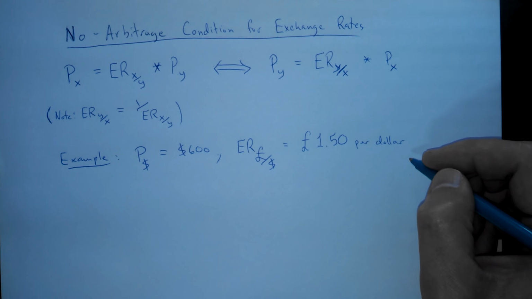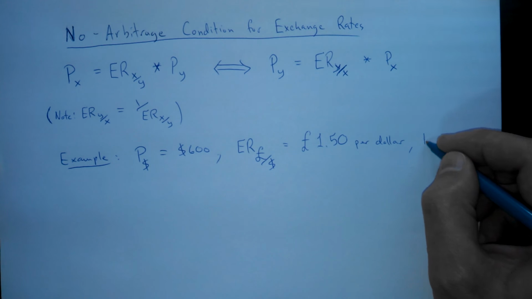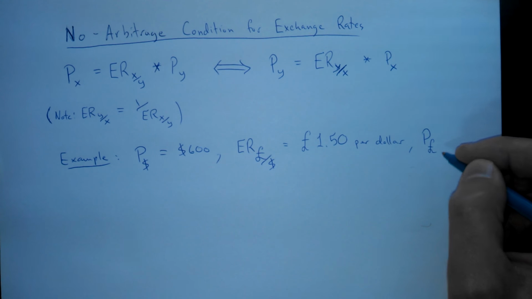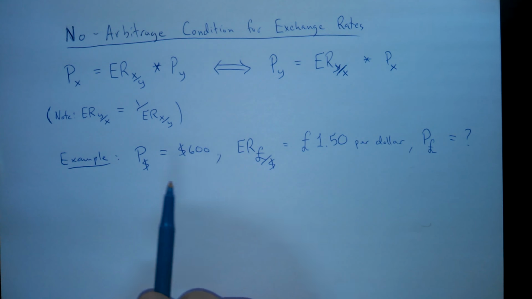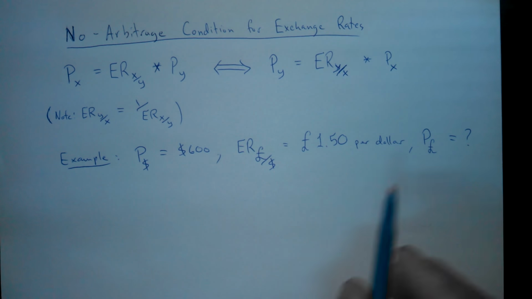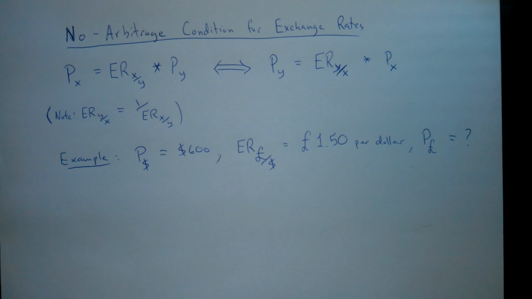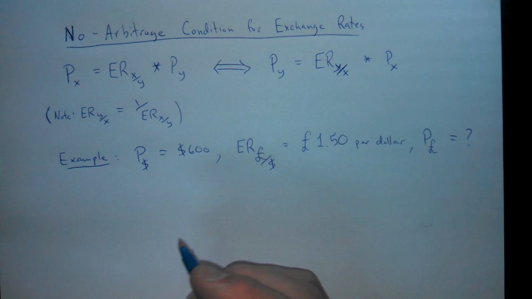So we have these two parameters. What must the price in Great Britain be, in pounds, for there to be a no arbitrage condition for these tablets? The price in the United States is 600. Just choose either of these conditions, since they're essentially the same thing.